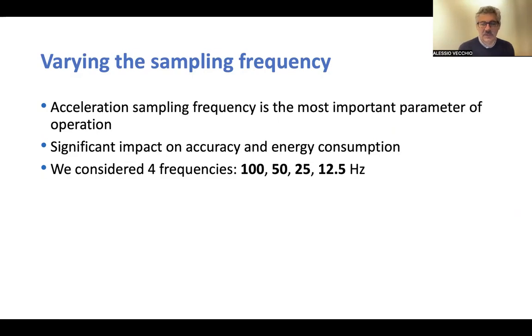The values that we considered are 100, 50, 25, 12.5 Hertz. Acceleration sampling frequency is one of the most important parameters of operation because it has a significant impact on the accuracy and energy consumption.